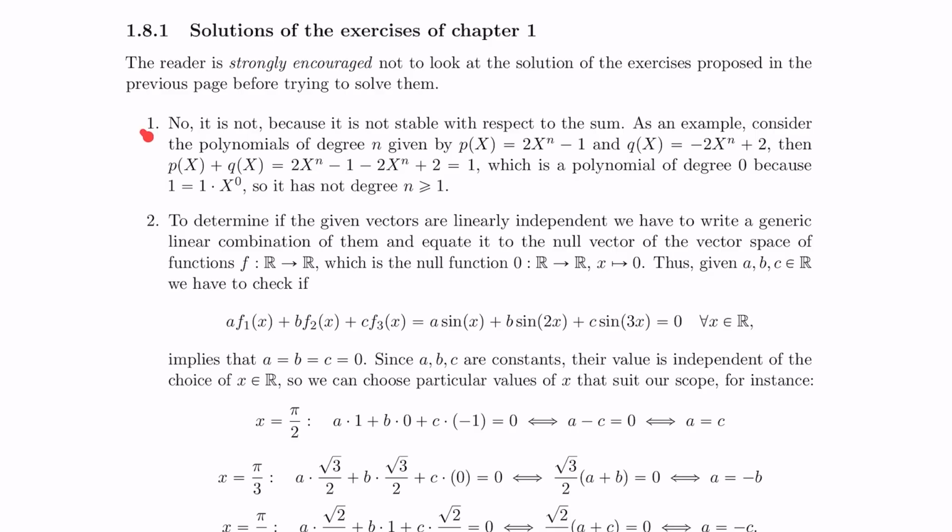The answer to the question of exercise 1, that is, is the set of polynomials with a fixed degree a vector space? The answer is no, because this set is not stable with respect to the operation of sum. Consider, for example, these two polynomials here.